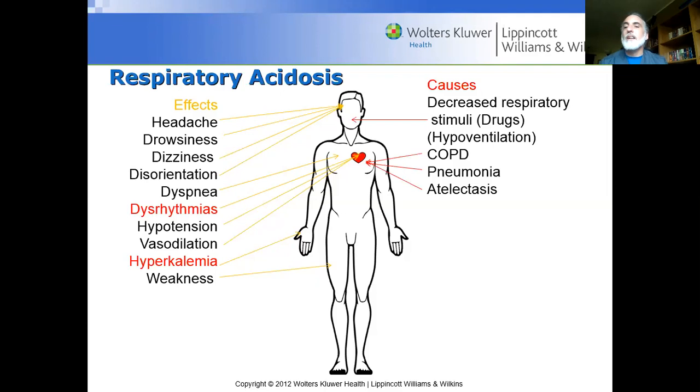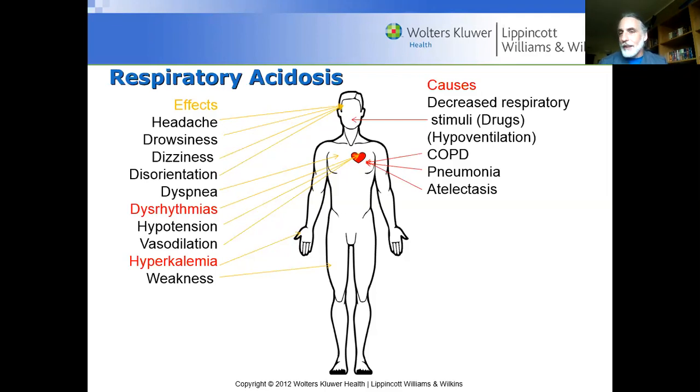Your body is in an acidotic state and says, hey, I've got to get rid of some CO2. How's it going to get rid of the CO2? Increase respiratory rate, increase the depth, increase that exchange of oxygen for CO2 to blow some off.